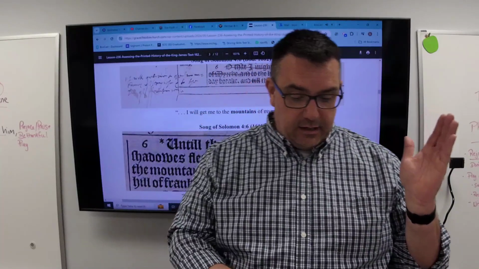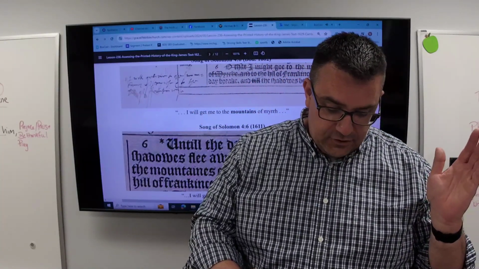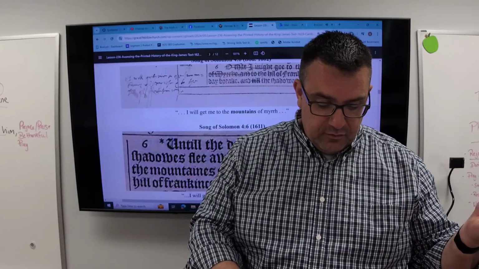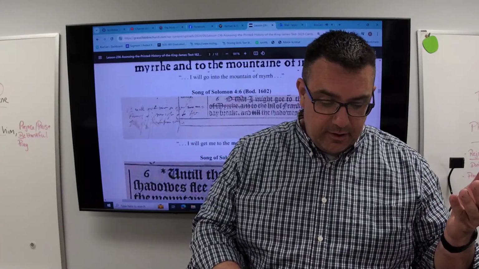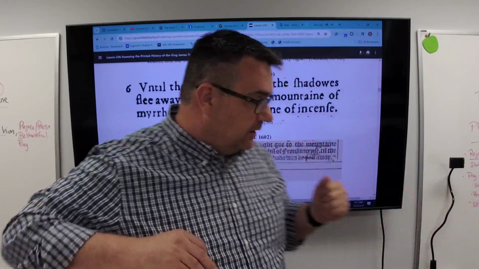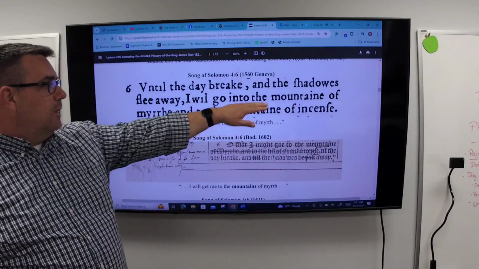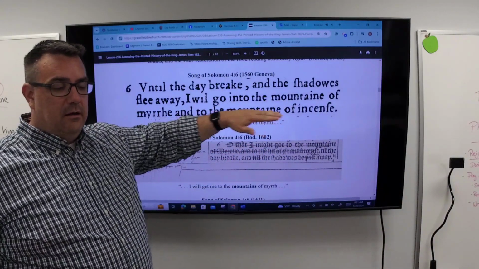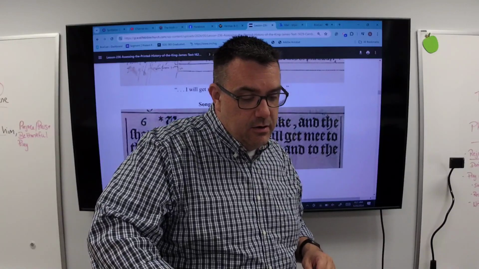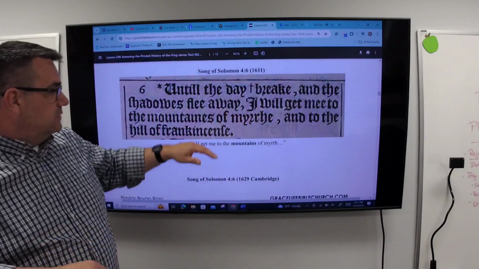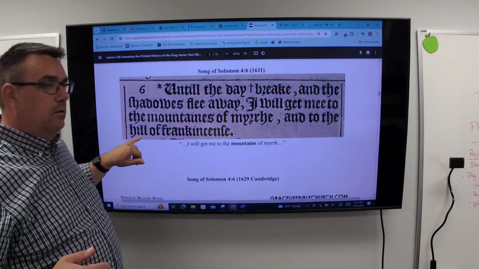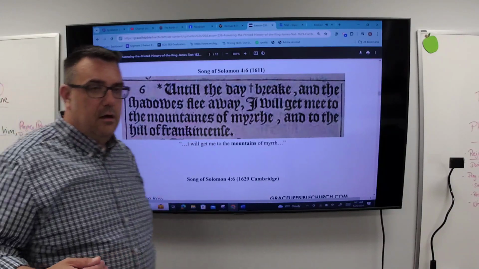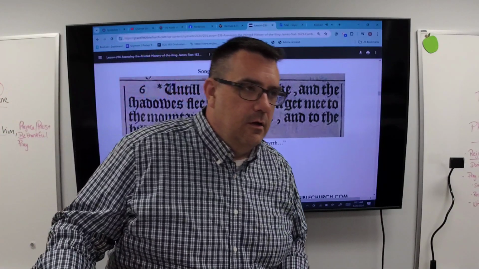But what Amy's saying is, I think, why do they change mountain of... I think what I'm hearing you say, Amy, correct me if I'm wrong, is you're observing that it said mountain twice. Yeah. Right? And then here, that they switch to mountain and hill. Yes. That's what I'm... And then incense to frankincense.